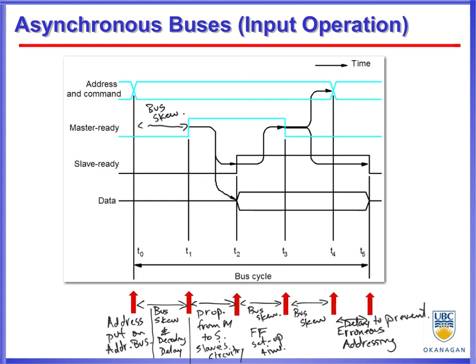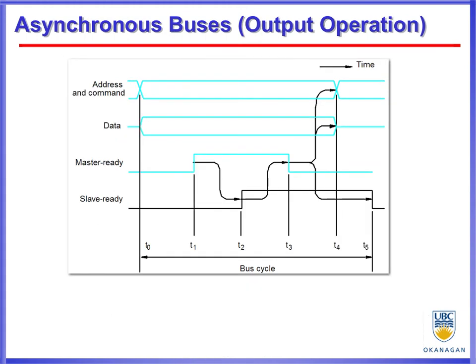Okay, so the asynchronous could be slower just because there's more trips back and forth down the bus to do one read cycle. An output operation is similar. So let's say the processor is writing a data value to the main memory, okay?